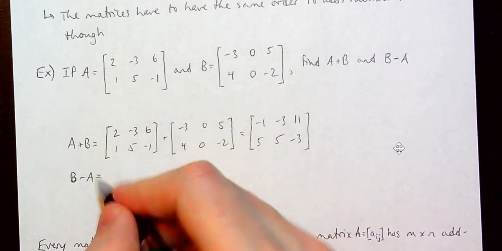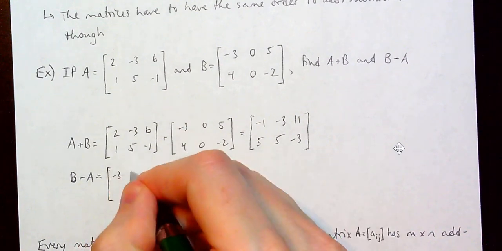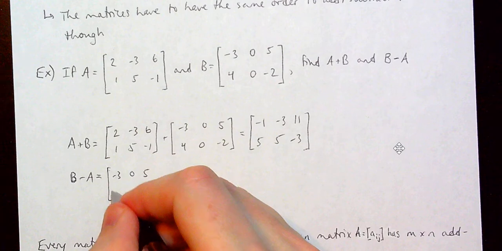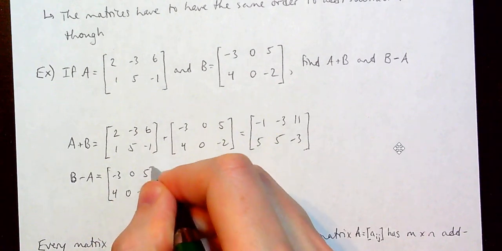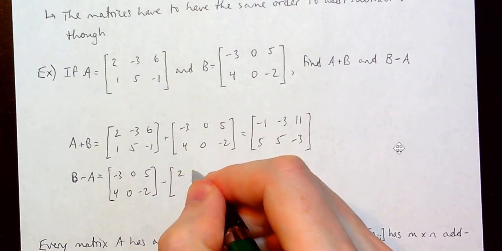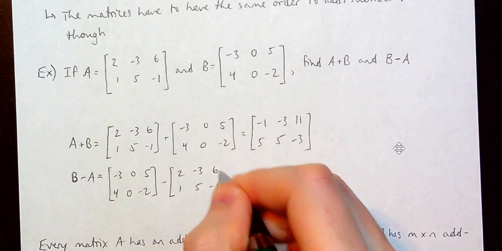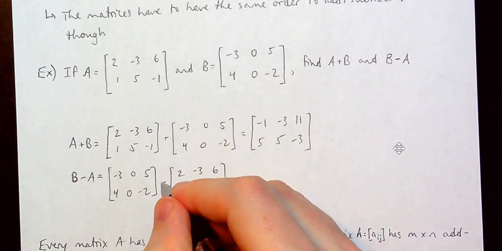Now B minus A. -3, 0, 5, 4, 0, -2, minus 2, -3, 6, 1, 5, and -1.